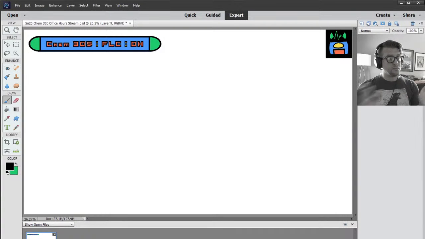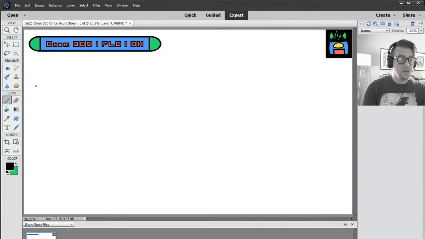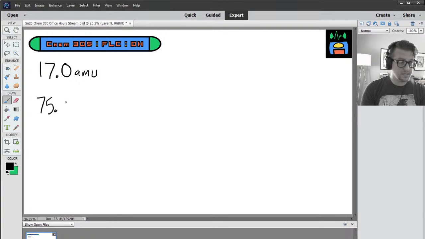So we need to multiply the mass of each isotope. One is 17.0 AMU, and the other is 21.30 AMU.